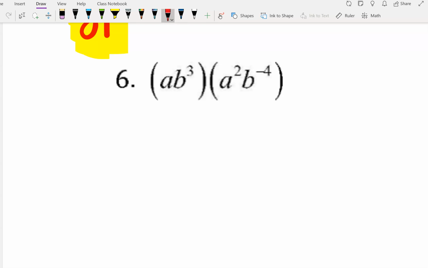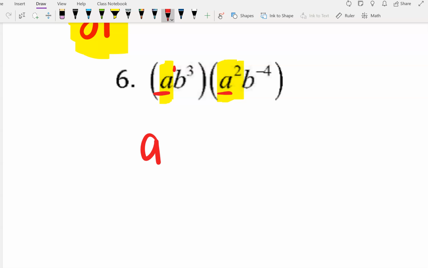So moving on to the next one, whenever I have multiple variables, I just deal with each variable one at a time. So I'm going to deal with just the a's to start, and I'm just going to combine the a's. This a doesn't have an exponent written, so it's a 1. And I'm multiplying the a's together, so when I multiply like bases, I add the exponents.